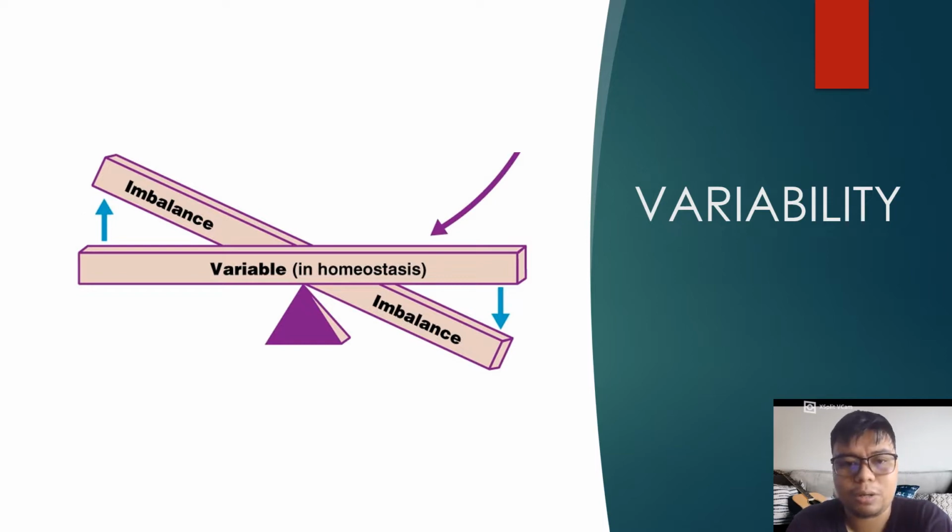We can categorically determine temperature ranges in which we can say that our body is in normal range of temperature. We can determine if we are febrile or experiencing fever. We can also determine if our body is getting cold, if we are experiencing chills. These differences are what we refer to as variability.